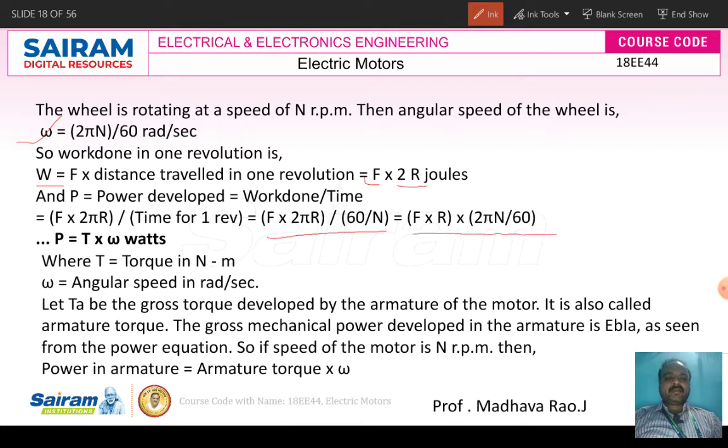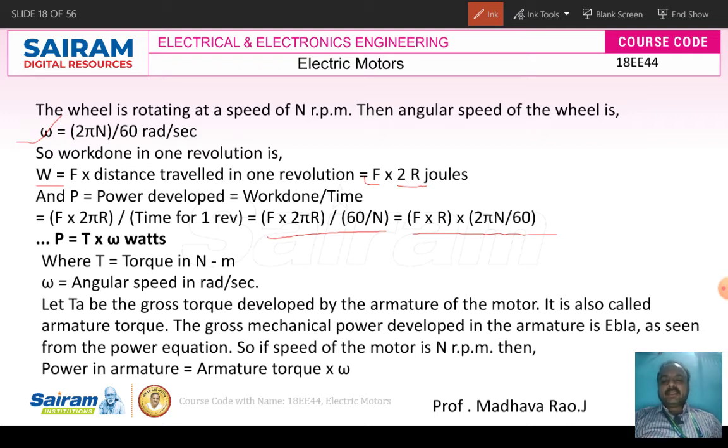So finally you will get the relation F into r into 2 pi n by 60. So power P is equal to torque T into angular velocity omega, where T is torque, measured in newton meters, and angular speed is measured in radians per second.